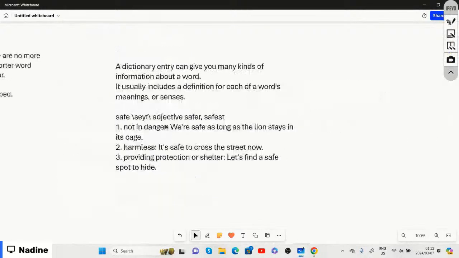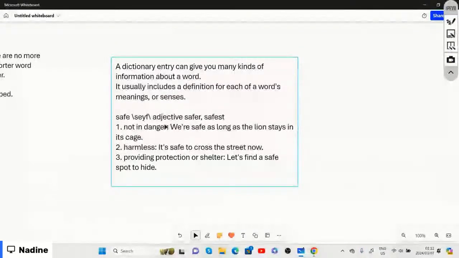So if we look at an example of how the dictionary words look, it says a dictionary entry can give you many kinds of information about a specific word. It usually includes a definition of each of the words, its meaning, or senses.